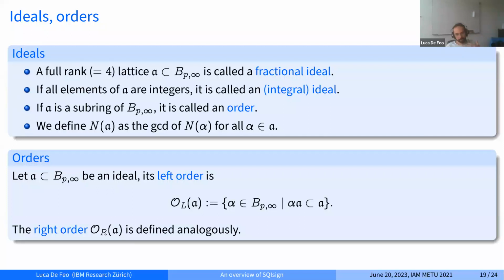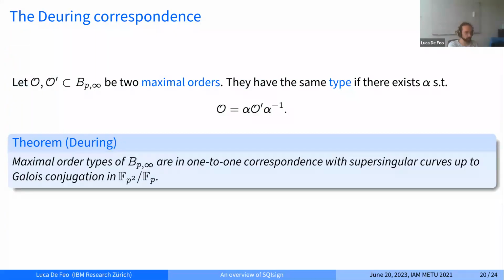And now, because the ring is non-commutative, you must be careful whether you multiply on the left or on the right. If you multiply on the left, this is the left order, and if you multiply on the right, this is the right order of an ideal. So to every ideal, you can associate these two orders which are very important, and which will play out like I'm going to show in a second.